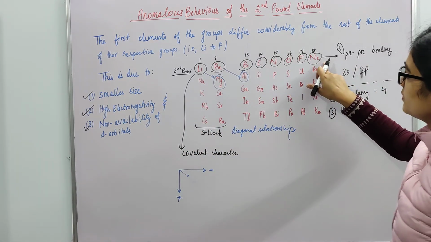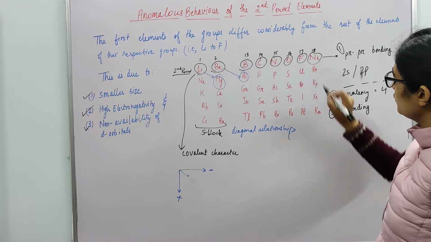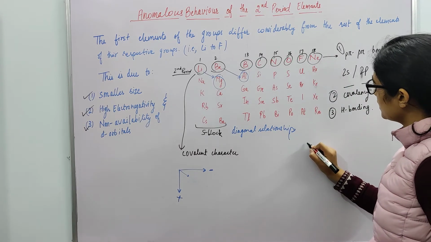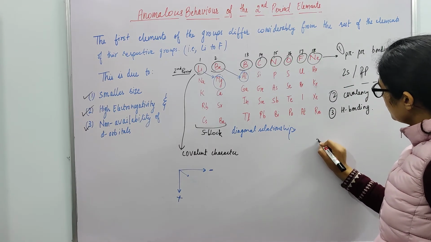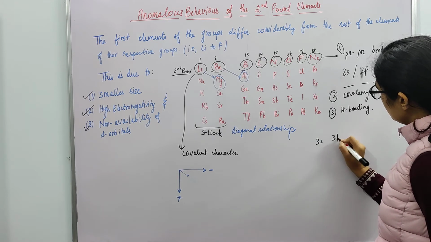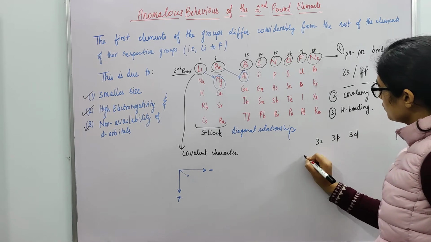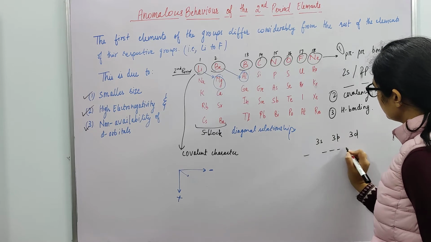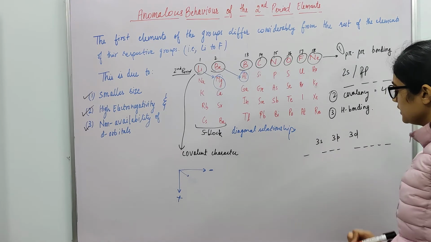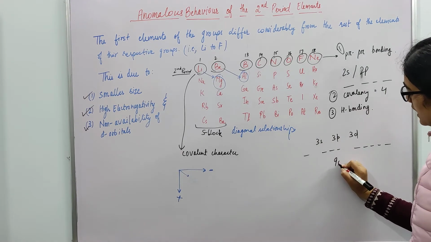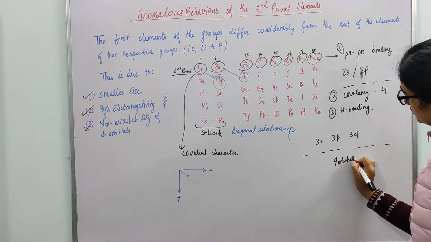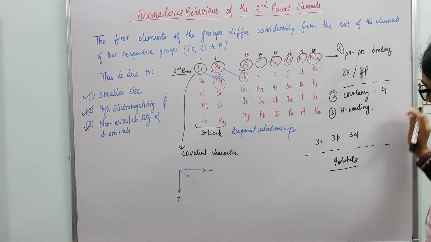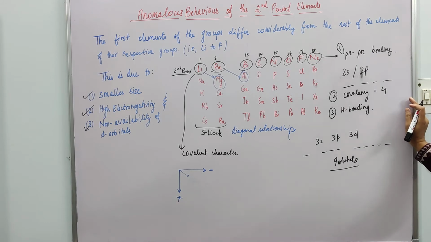These elements do not have d orbitals. If you consider the example of third period, in the third period you have 3s, 3p, 3d. So in total you have 9 orbitals that can take part in bonding.